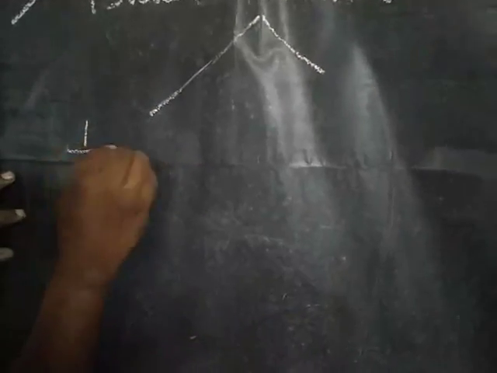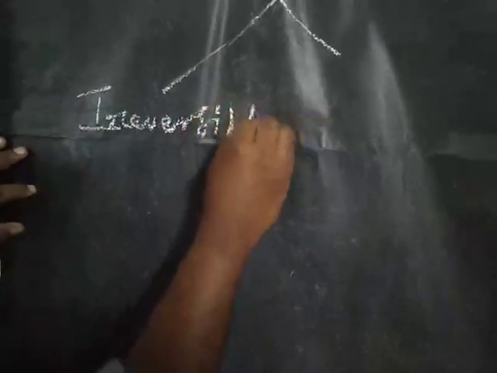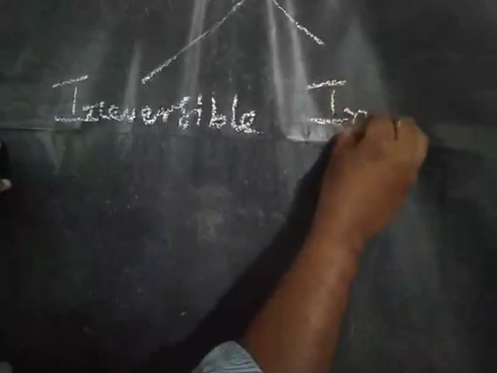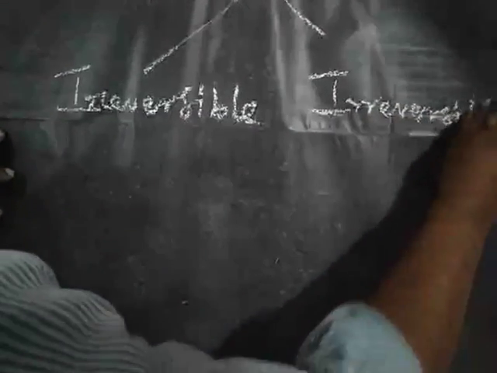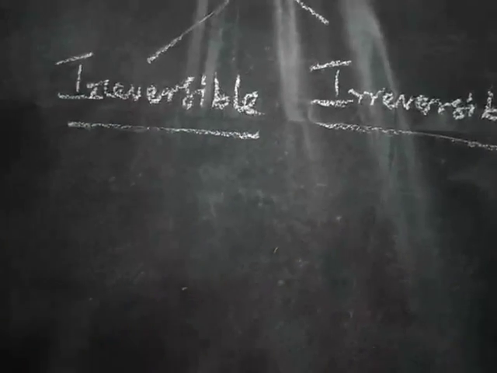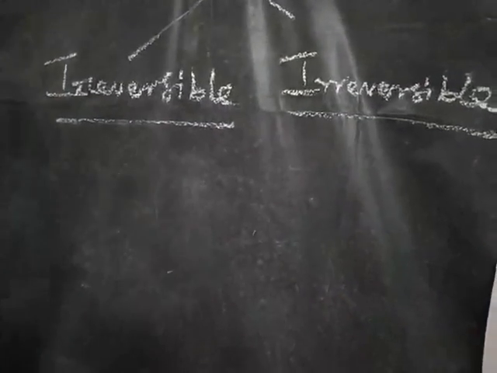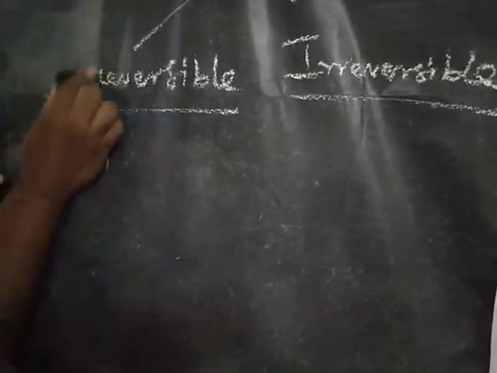One is reversible, another one is irreversible. One is reversible, another one is irreversible. What is the spelling for reversible?